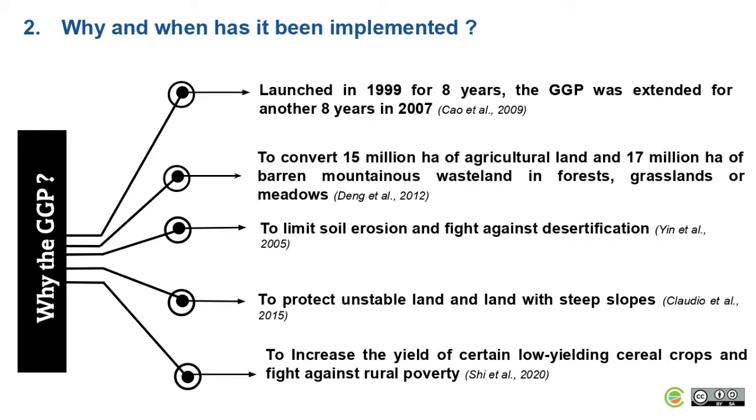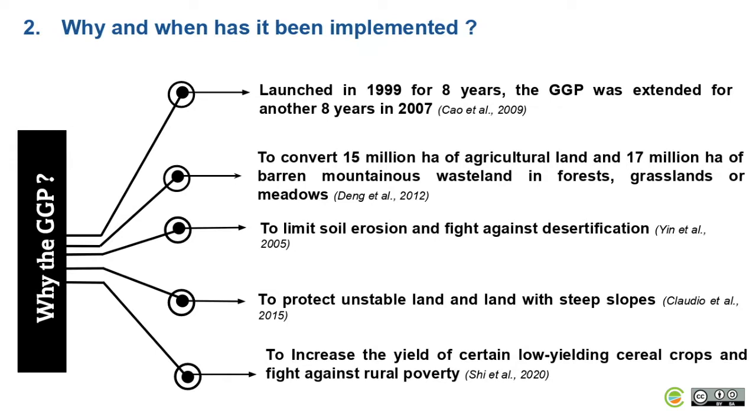Also, it has to limit soil erosion and fight against desertification and especially grazing, because it is considered one of the most important causes of soil erosion. Also, it has to protect unsuitable land and land with steep slopes, because in the study area about 4 million hectares of land are on slopes of about 25 degrees or more.